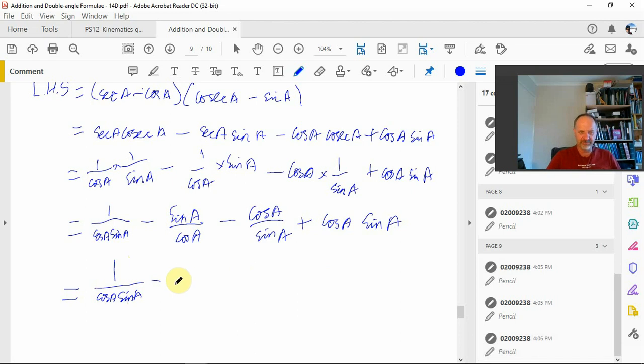The next one, cos A sine A. The cos A was already there with, so times the top by sine A. Got sine squared A, minus cos A sine A. Sine was already there, got to times the top by cos A as well, so we've got cos squared, plus.